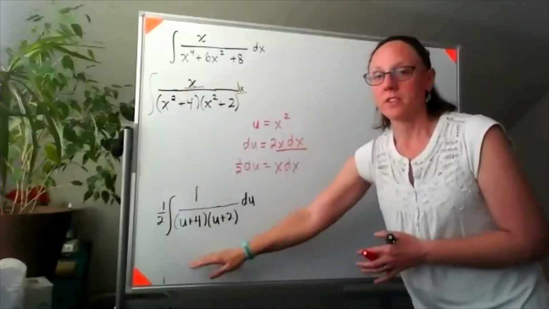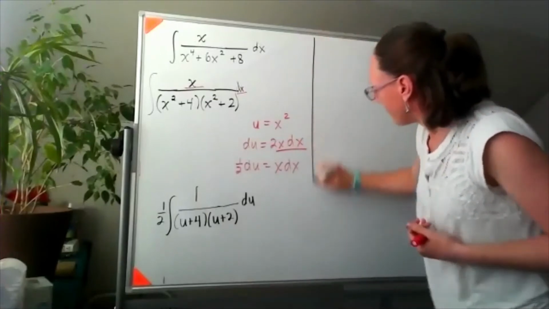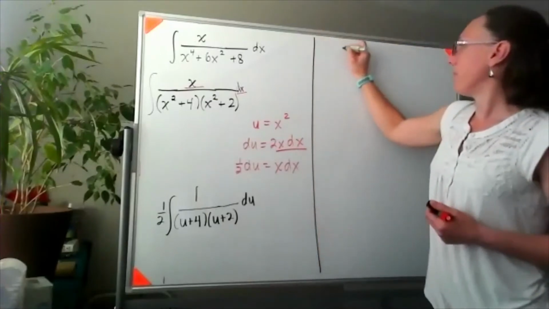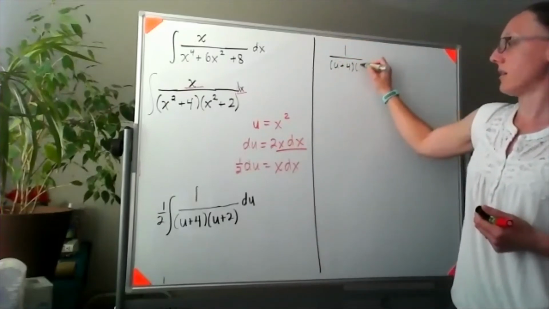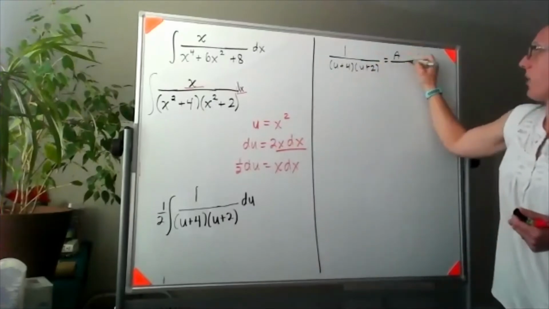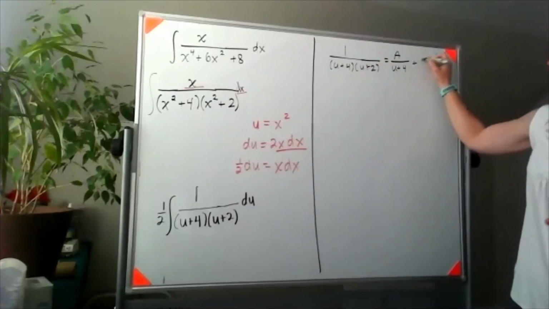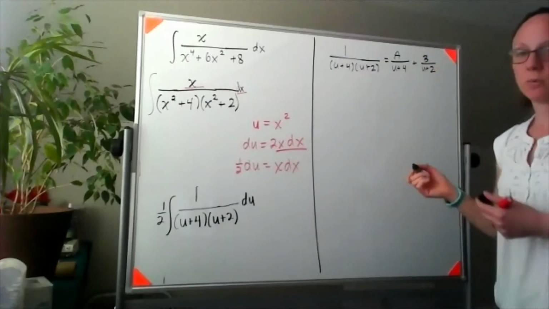So now, starting from here, I'll have 1 over u plus 4 times u plus 2 is equal to a over u plus 4 plus b over u plus 2.